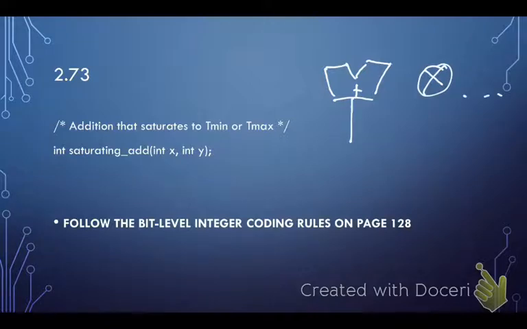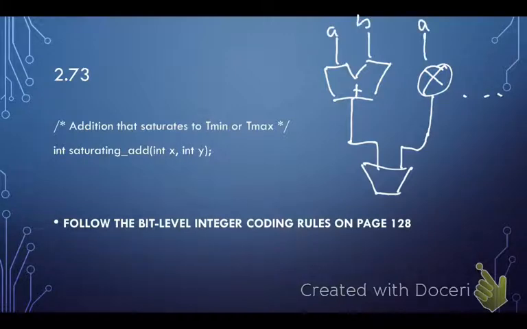And then I'll select between those results. So this is A and B going in here, and this is also A and B going in here. If I wanted to multiply, I would put a 1 on this line, and I would get the results of the multiplication.